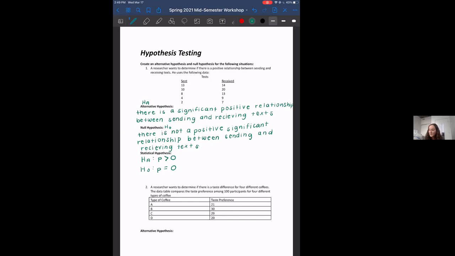So based on question number 2, which one is the alternative hypothesis? All right, I'll give 15 more seconds to pick which one is the alternative.